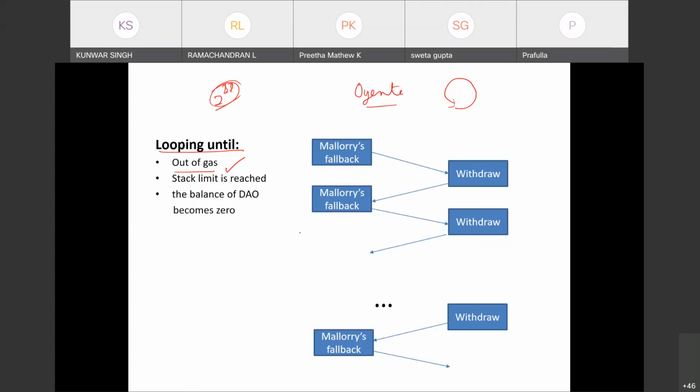Let's say you have one simple example: you have one transaction, and in this transaction you have given the solution of a puzzle, and you have sent it to the blockchain. Lohit will demonstrate the Oyente tool also.